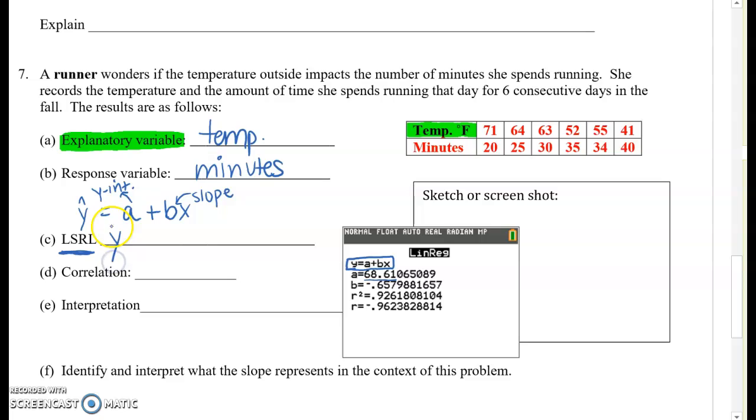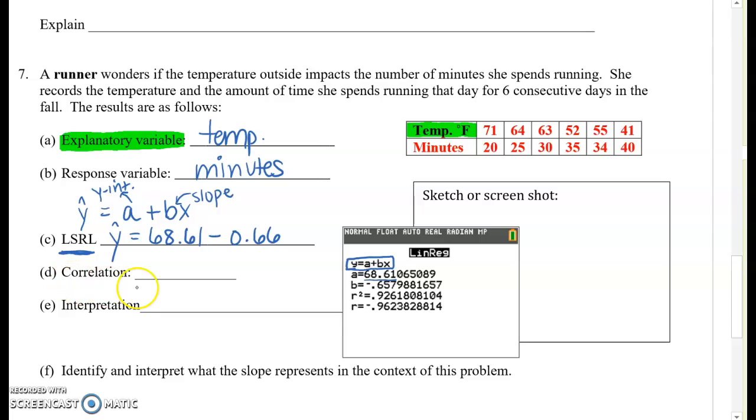So I'm going to do 68.61 plus my b value, well actually this is going to be minus, because it's negative, minus 0.66. Since I'm rounding to 2 decimal places, it might specify what you need to round to. That's my b value. So that is my equation.